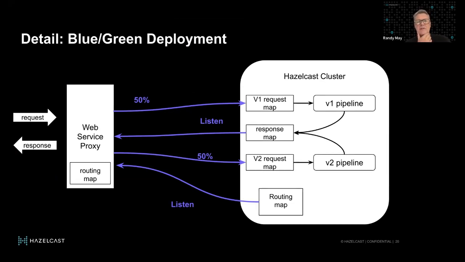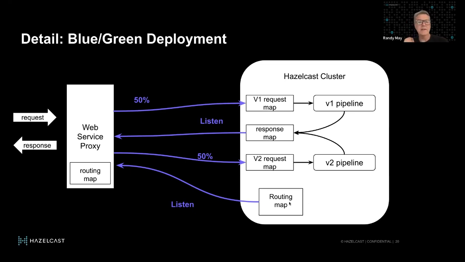One of the things I'm going to demonstrate is blue-green deployment. I just wanted to give a detail on how that works. Basically, the web service proxy will dispatch the request to one of two maps. You could think of these as topics; they're pretty much equivalent to topics. It does that based on routing information that is in the Hazelcast cluster.